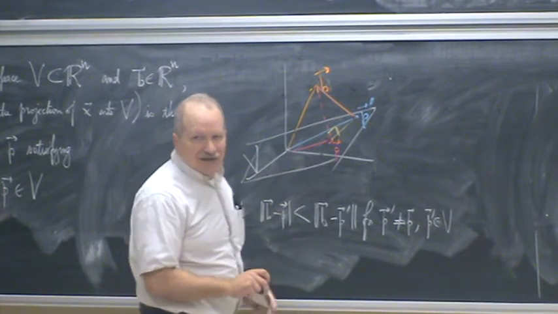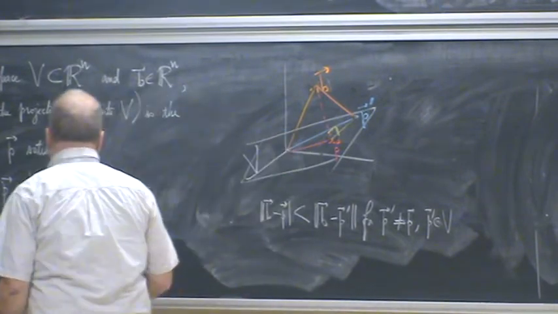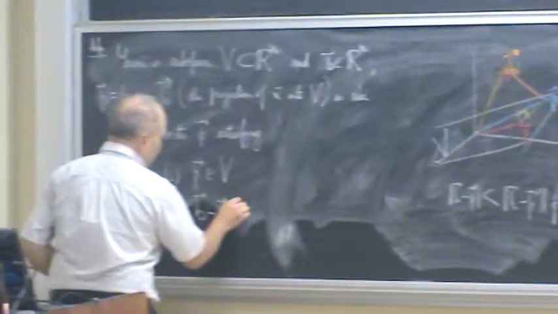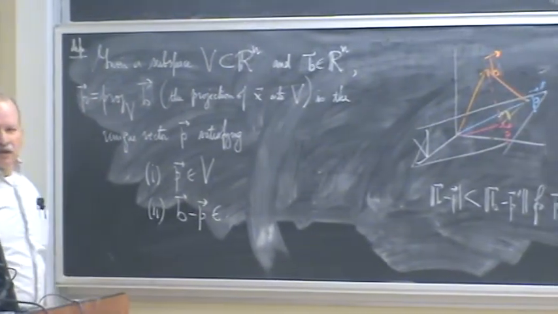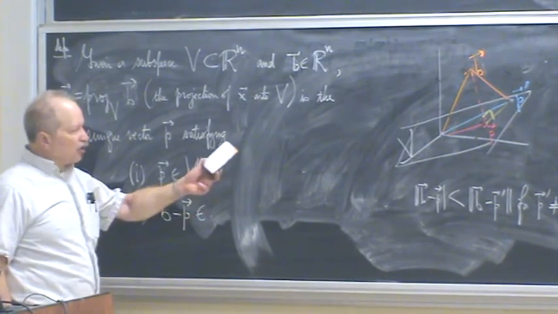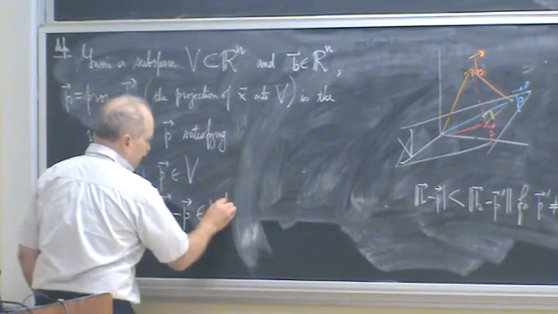And that would say the hypotenuse would be longer. So what should we say? The error vector, B minus P, should be what? Orthogonal to the column space. What's the notation for orthogonal to the subspace?